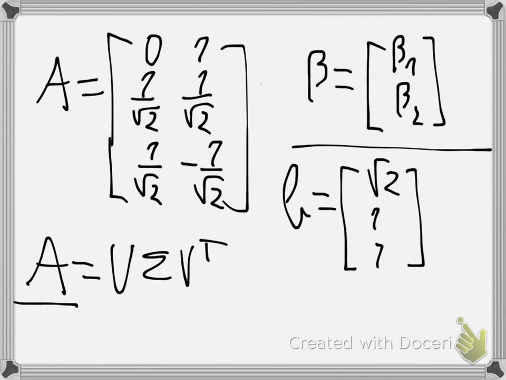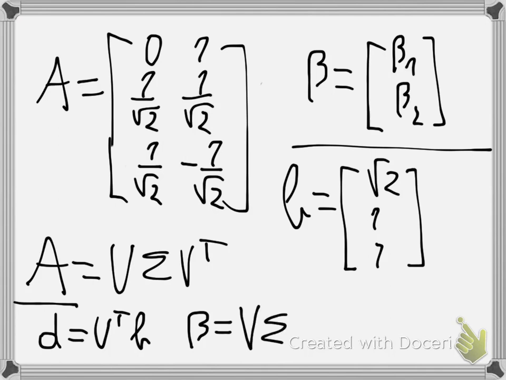So just first recall that to solve that with the SVD, so singular value decomposition, I need to find the vector D, which is defined by U transpose B, and then the solution of the problem will be given by beta is equal to the matrix V times the pseudo inverse.